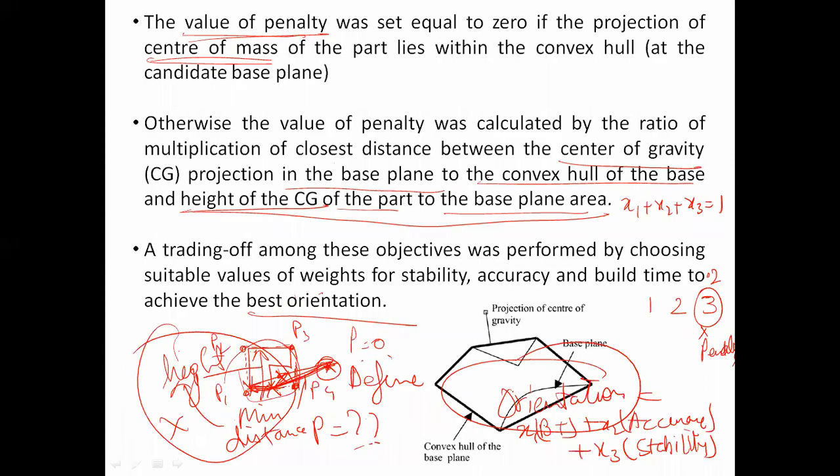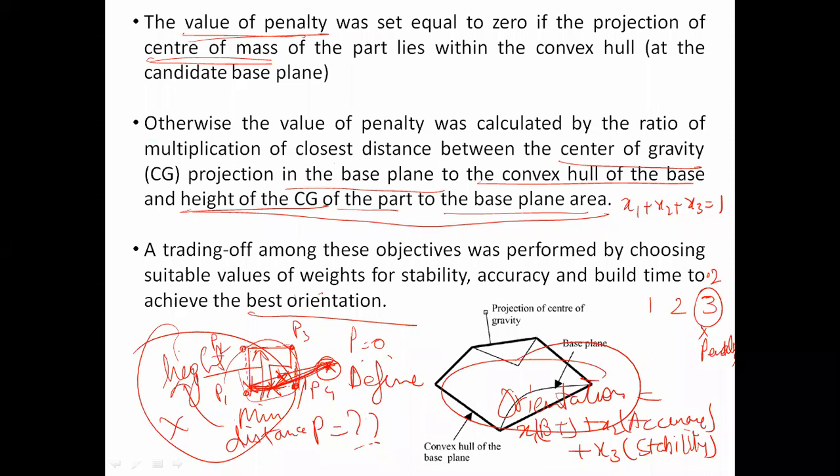So when you looked into the orientations over here, what you generally found was that these orientations were coming out very different when you change the weightage or the penalty functions.